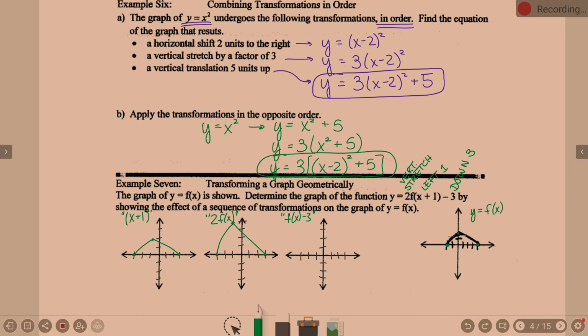So, let's see, what am I at? -3, 0. When I move that down 3? -3, -3. -1, 4. When I move that down 3? -1, 1. Okay. And 3, 0.